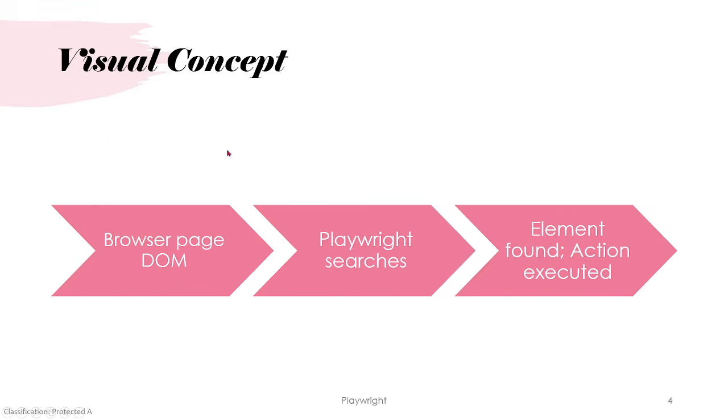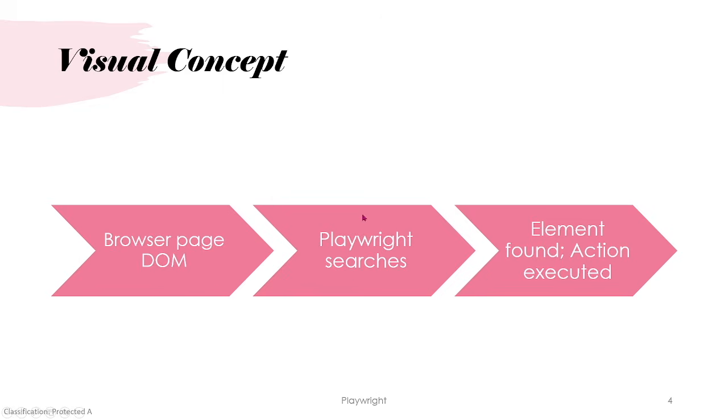You can see from this diagram how Playwright finds elements. So go to the web browser page and go to the domain. Then Playwright searches for elements. If the elements are found, do the action. So this is the elements found and action executed.